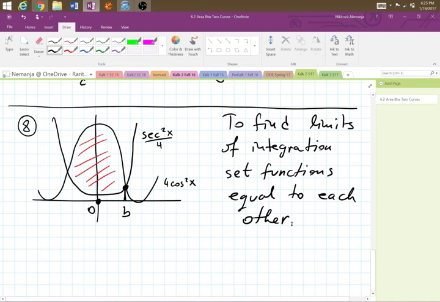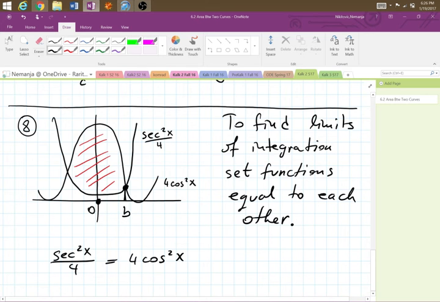Why? Well, because you will find common x's for common y's. So now, the first order of business is to solve the equation secant squared x over 4 is equal to 4 cosine squared x. That's the first order of business.